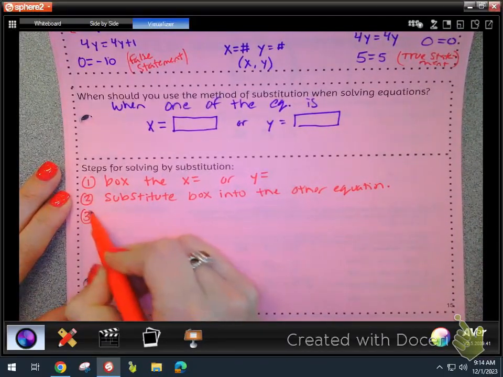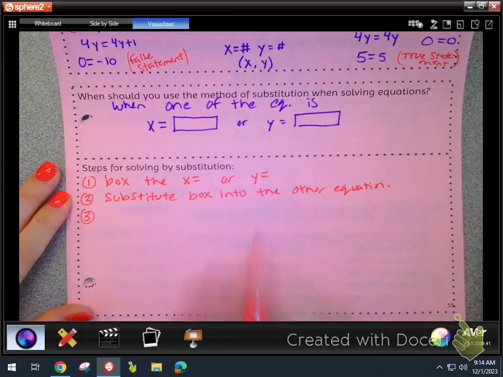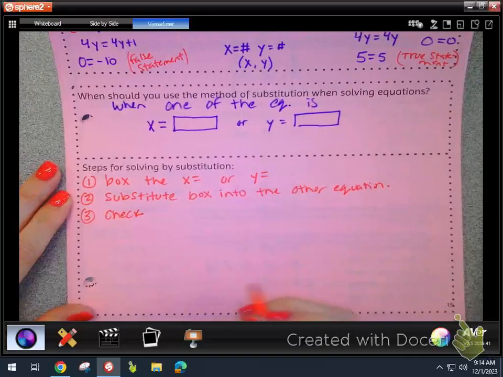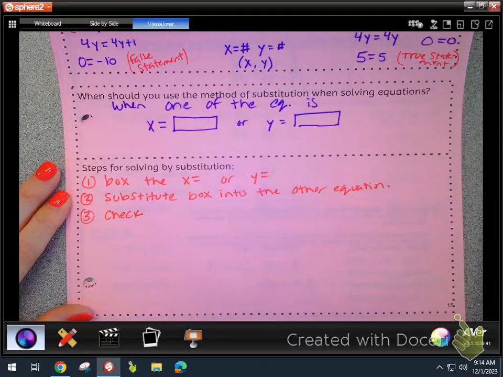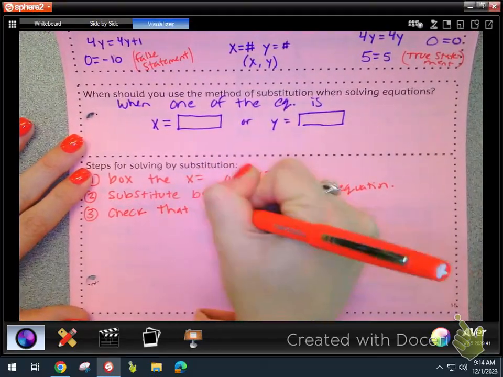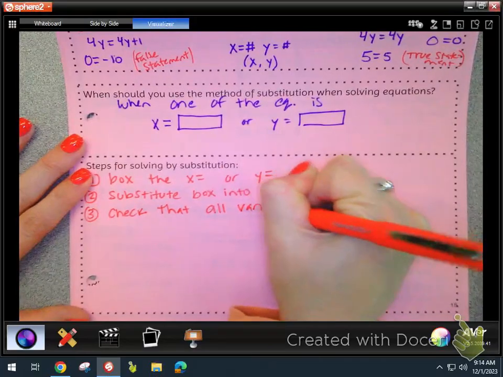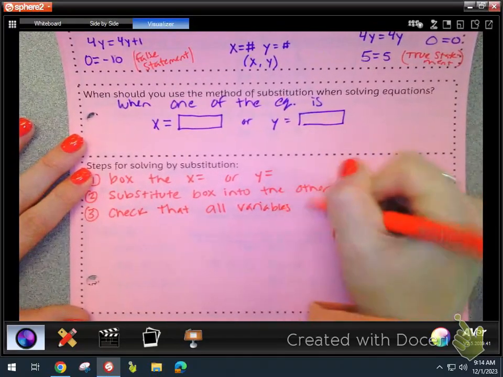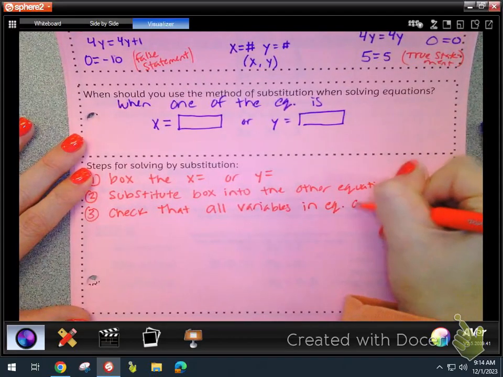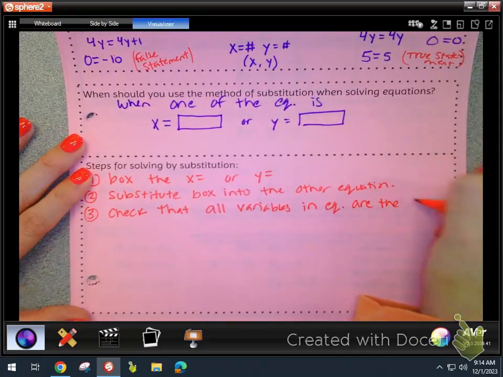Step 3, I always do this little checkpoint. If you've done your substitution correctly, all of the variables should be the same in your new equation. So check that all the variables in the equation are the same.